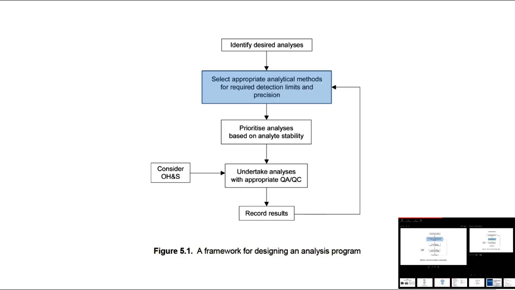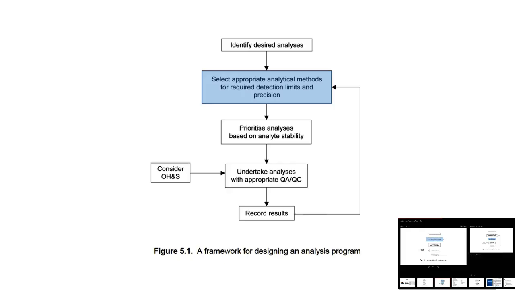You then need to select the appropriate analytical method. And there's a few considerations that you need to take into account there. So it may be that there's only one method that you can use because that method has been specified by a standard or a guideline which you're working to. Or it may be that there are several methods and you need to work through some considerations to work out which of those several methods you're actually going to ask the laboratory to use for you.